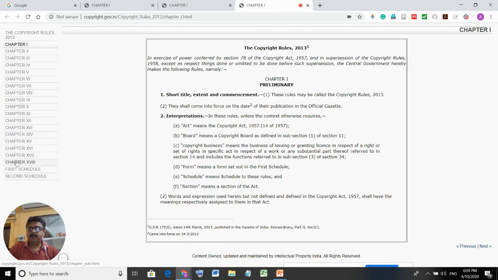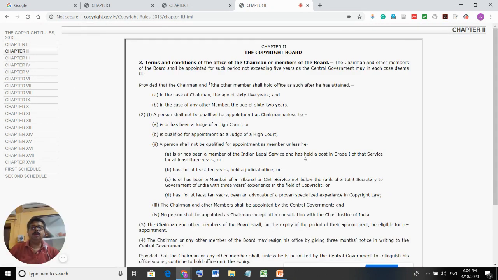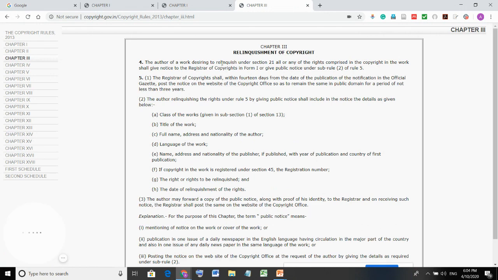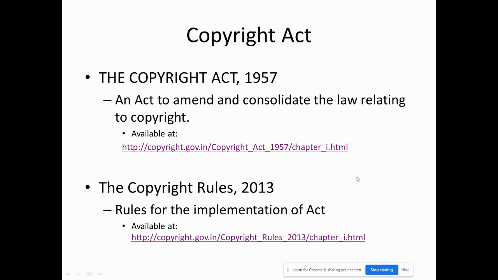You have different chapters. If you want to go into detail, you can go to different chapters and see different rules. Chapter 2 talks about the Copyright Board. Then chapter 3 talks about relinquishment of copyrights. So you have all the documents available online if you wish to get into detail.